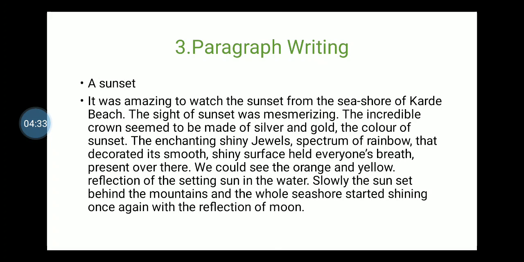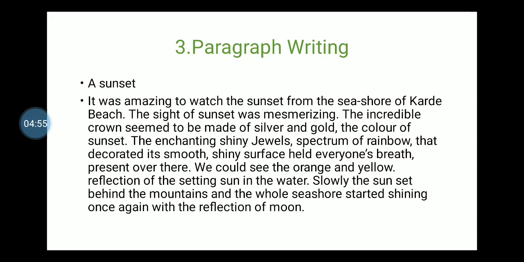Now, examples: a sunset. We are not seeing the sunset of Kanyakumari, but someone who visited Kanyakumari or other sea beaches expressed his experience with us. It was amazing to watch the sunset from the seashore of Kerde beach.